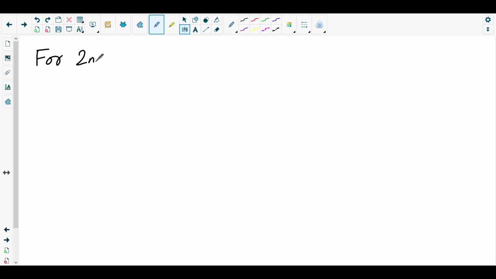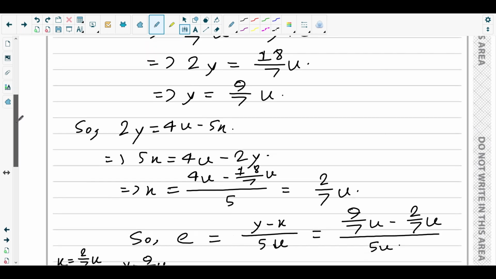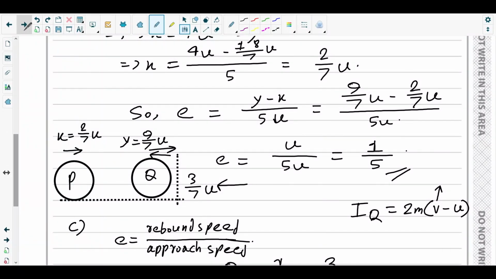So for the second collision, m1u1, the mass of particle P is 5m, its speed is 2/7u, yes, it is x basically.